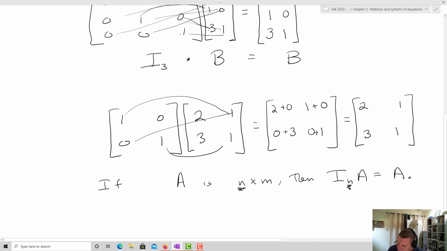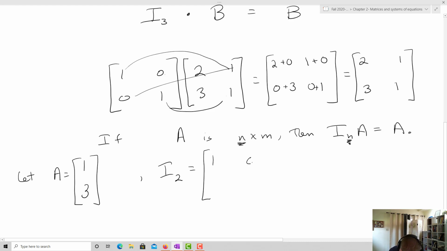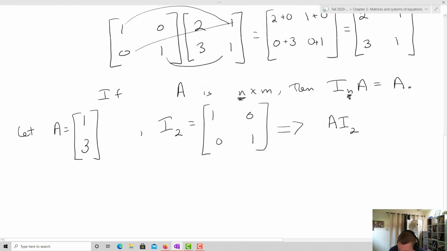Because let's take a look. Let's say, for example, I did the opposite way around, and we're going to use a different example. We'll let A, in this case, equal the vector 1, 3. Okay, we've got A equals 1, 3. And now we'll use I2, the 2 by 2 identity, 1, 0, 0, 1. And let's see what happens when we do A times I2. So I'm going to do that.